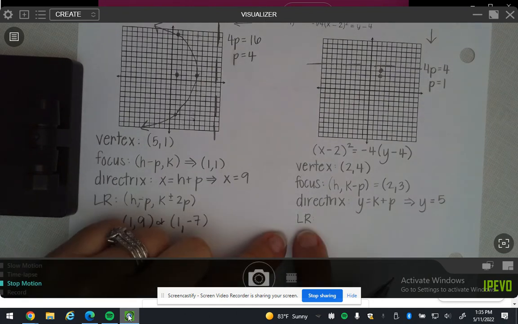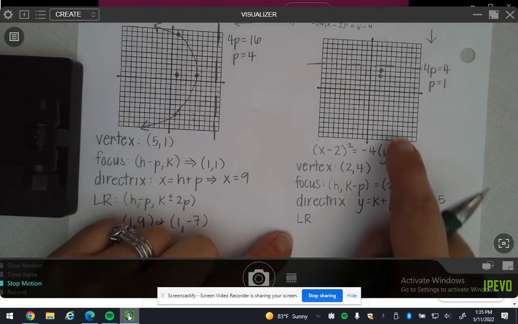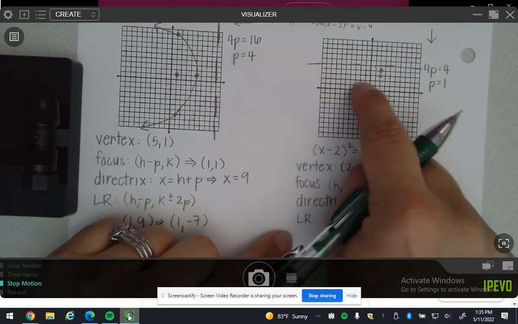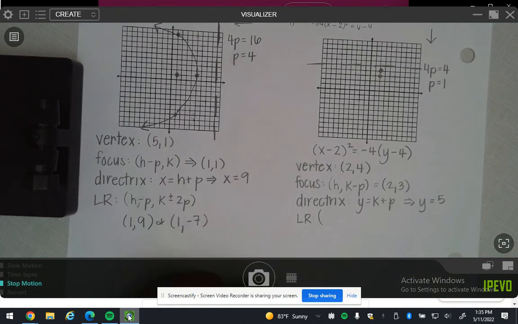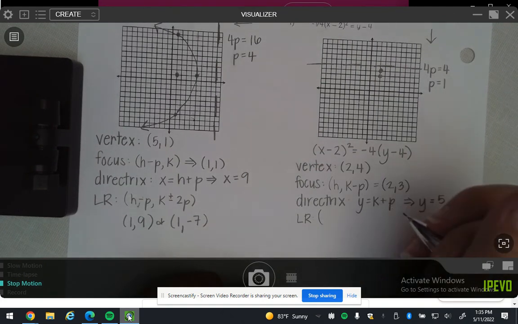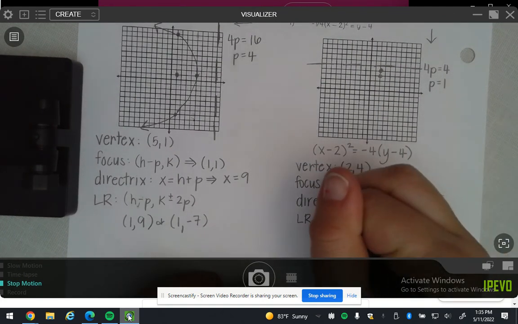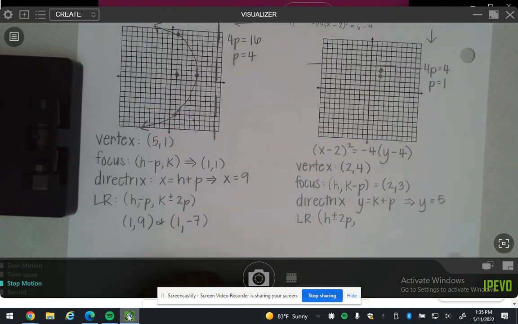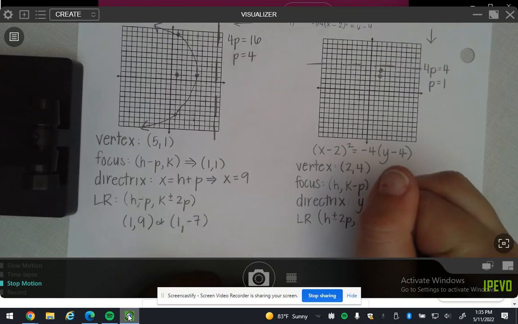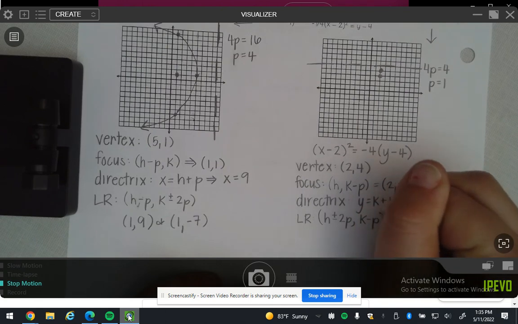All right, LRs. They're going this way. So it's going to be h plus or minus 2p, comma, k minus p.